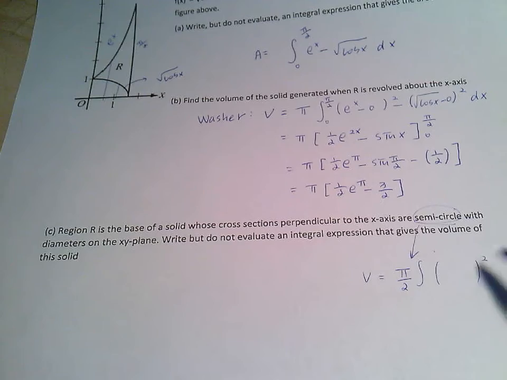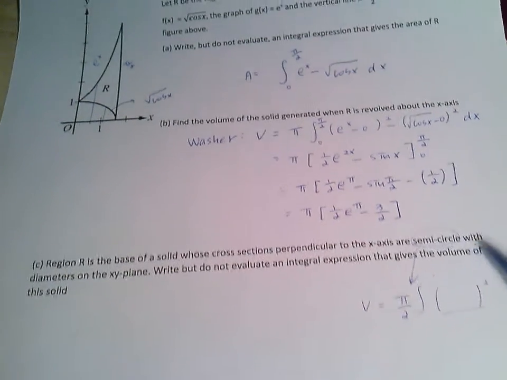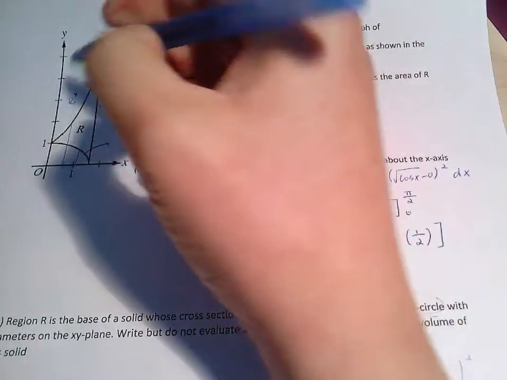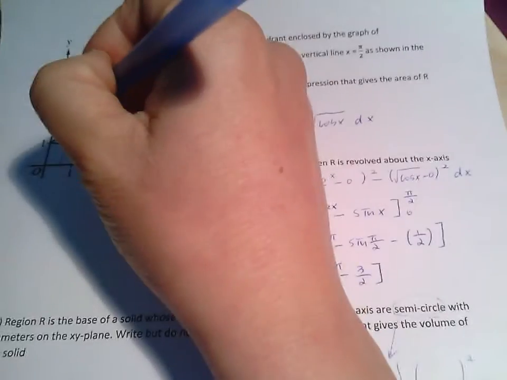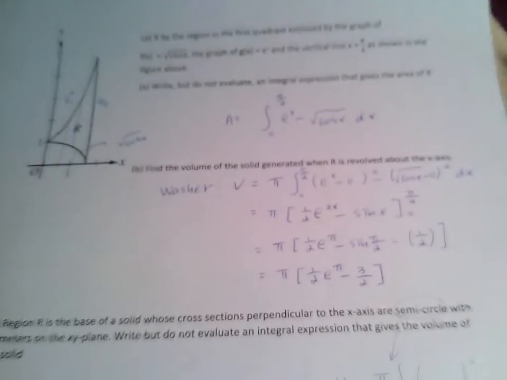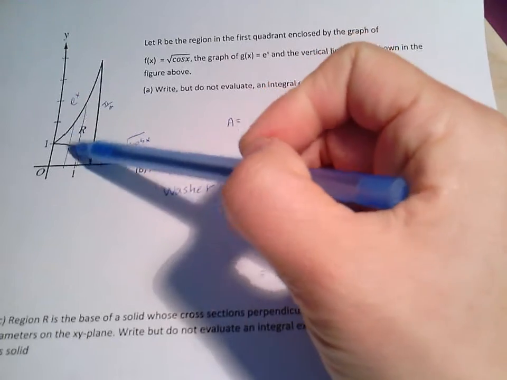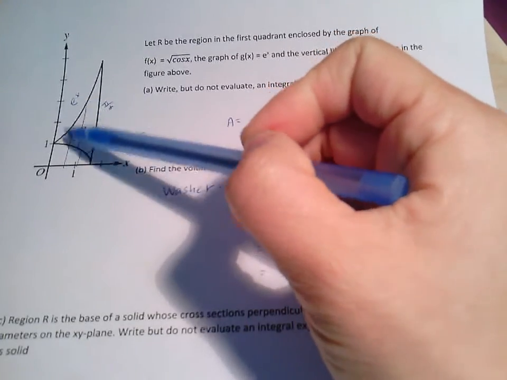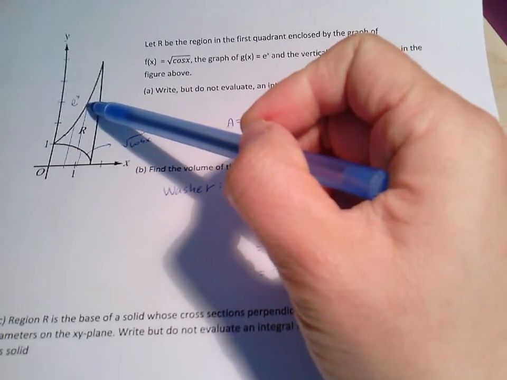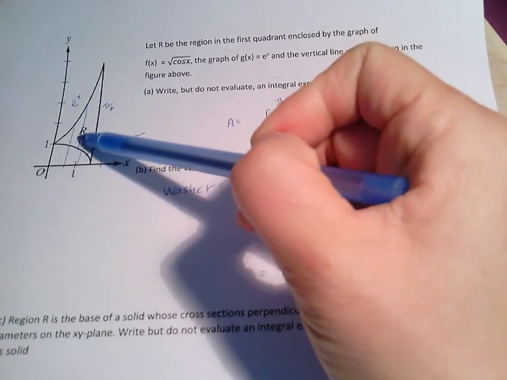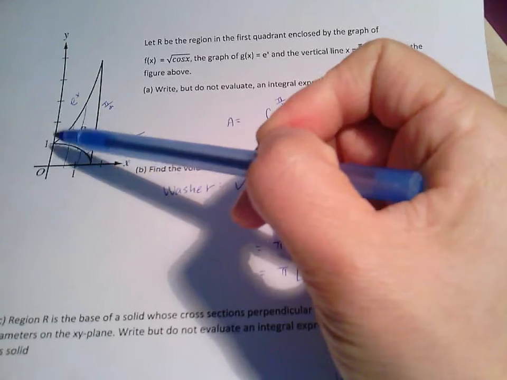Then we have to find the radius. This one is perpendicular to the x-axis, so you have to draw that. This is a diameter, but we don't need the diameter. The distance of top minus bottom gives us the diameter of the semicircle.